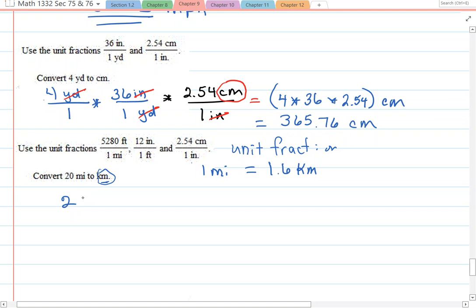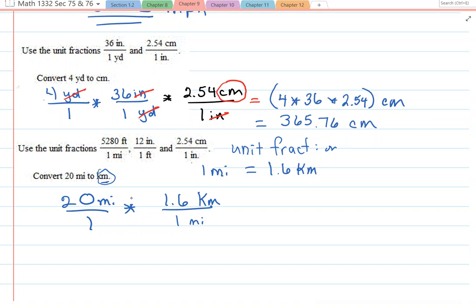So I have 20, it's a large number, miles over 1. And I want kilometers, is 1 6/10 kilometers over 1 mile. My miles cancel with miles.